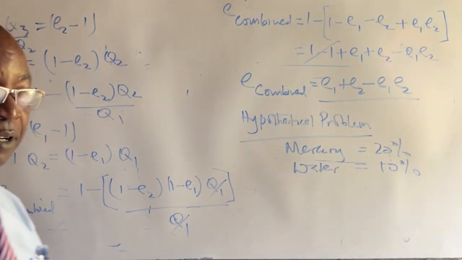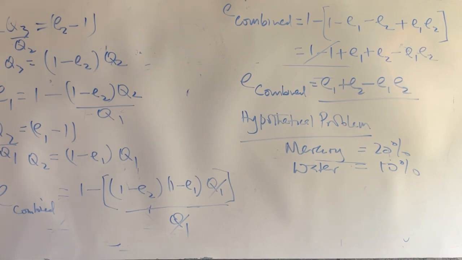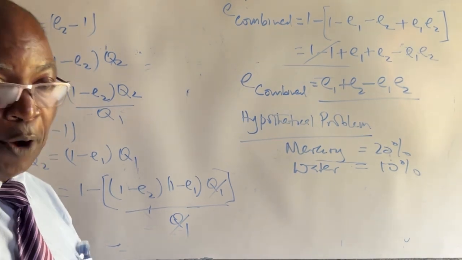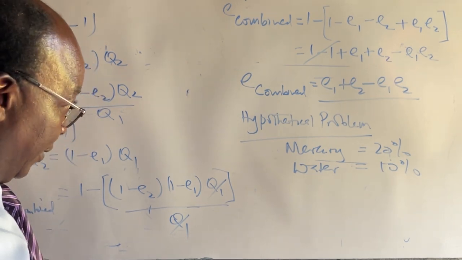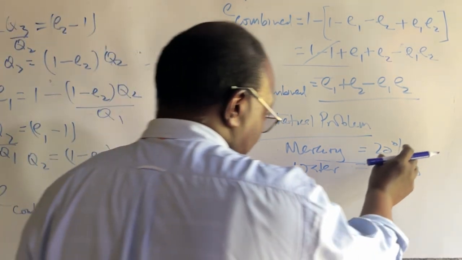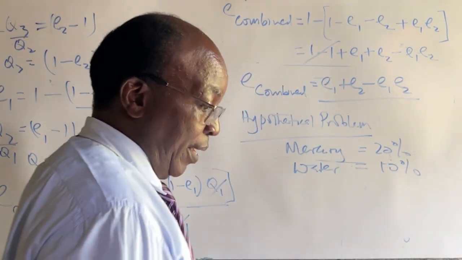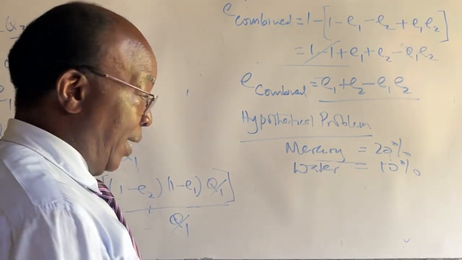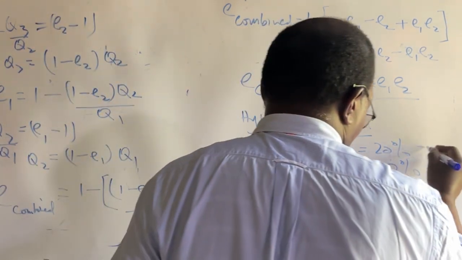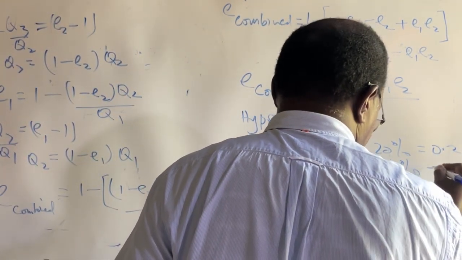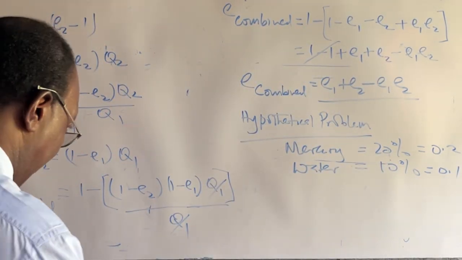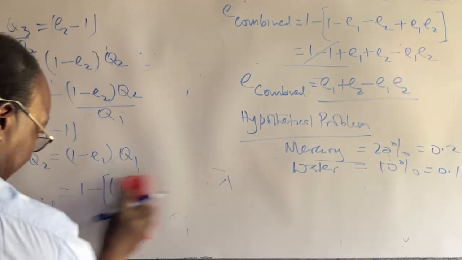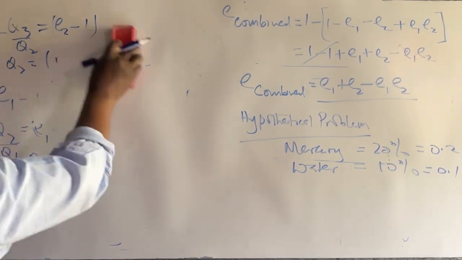This is just hypothetical. When you're talking of efficiency, it is work output over input, so we normally divide the percentage by 100 to get the actual value. So this would be 0.2, and that would be 0.1. So let us look at the combined efficiency of that particular system.